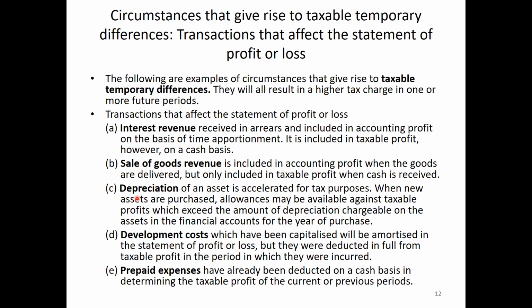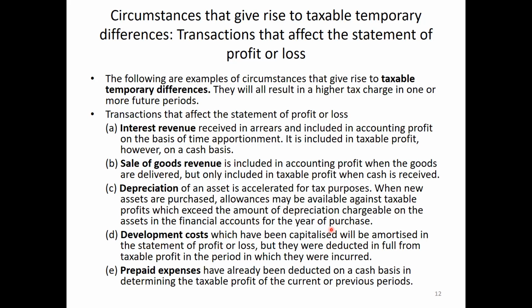Depreciation: we know there is accounting depreciation and tax depreciation. The two rates are different. Depreciation of an asset is accelerated, meaning higher depreciation for tax purposes. When new assets are purchased, allowances may be available against taxable profit which exceed the amount of depreciation chargeable on the asset in the financial accounts for the year of purchase.